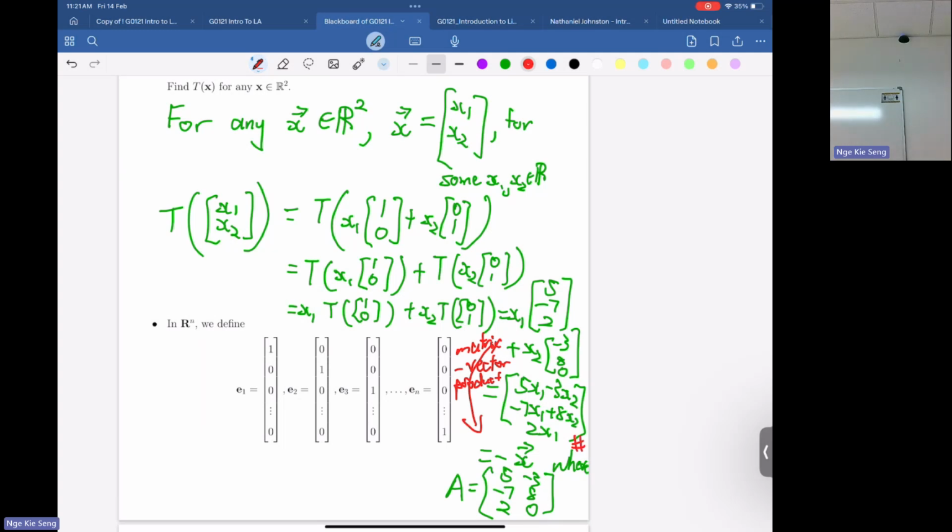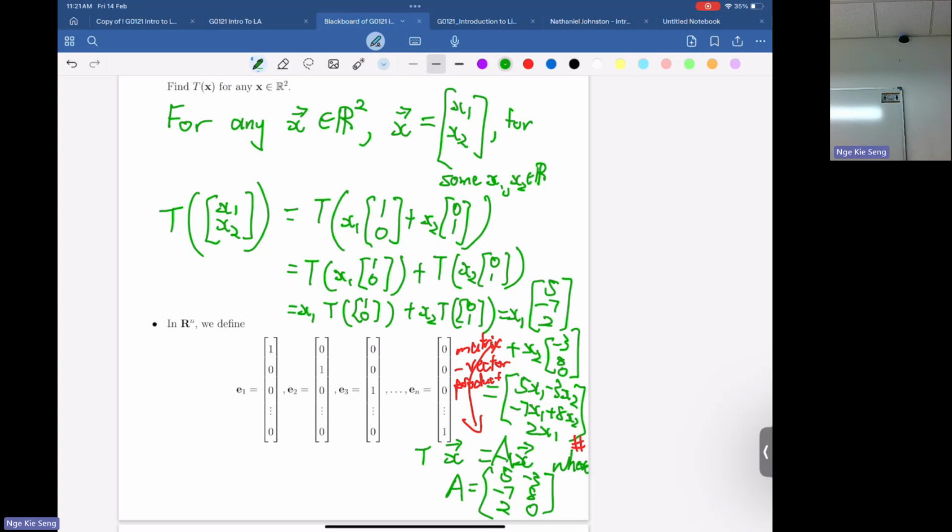What I wanted to show you is that T(x) can also be written as a matrix. You can express your linear transformation as a matrix.